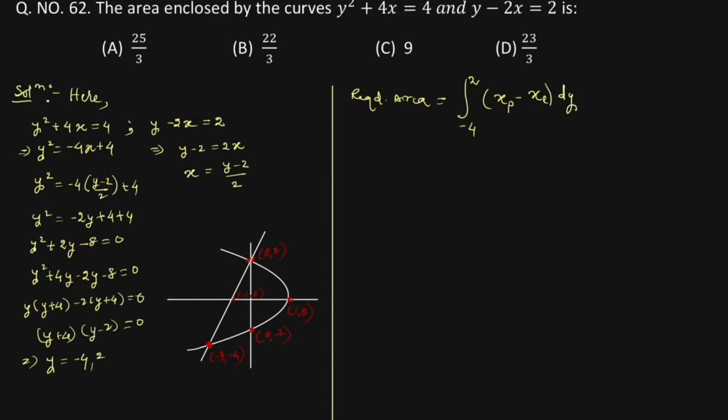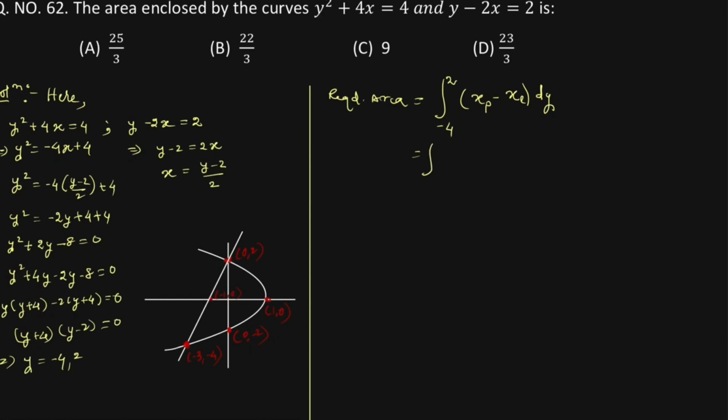When we find the equation of the parabola in terms of y, then we write 4x equal to 4 minus y square, x equal to (4 minus y square)/4. The value of x we put here.